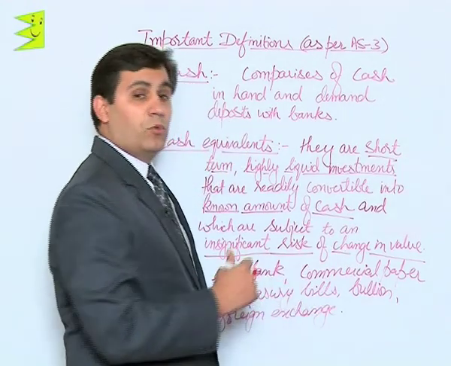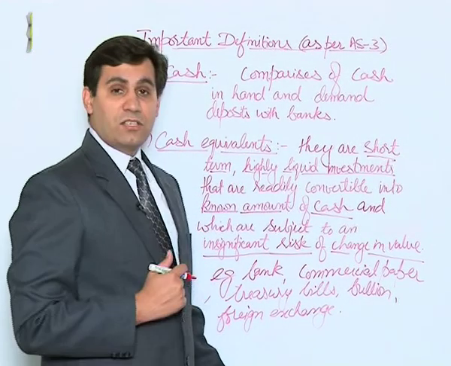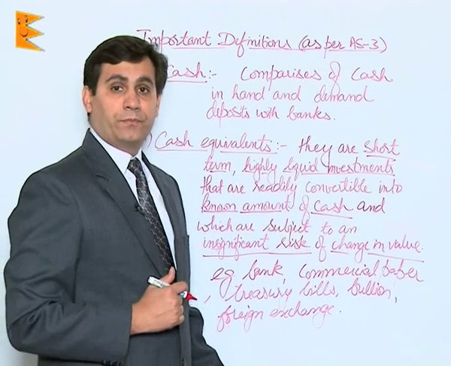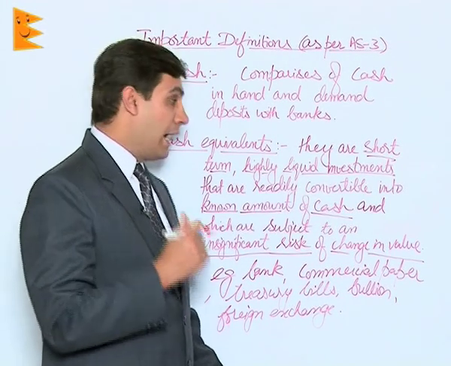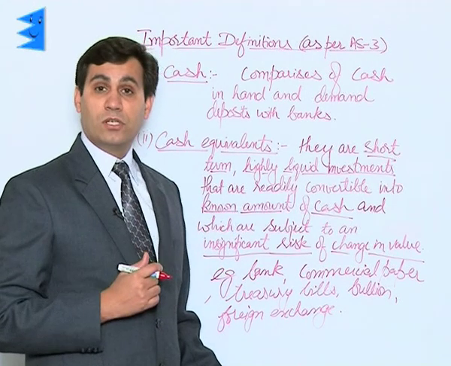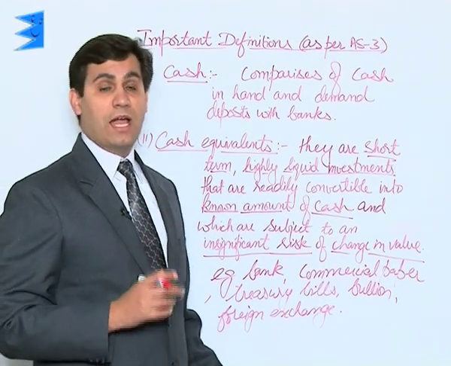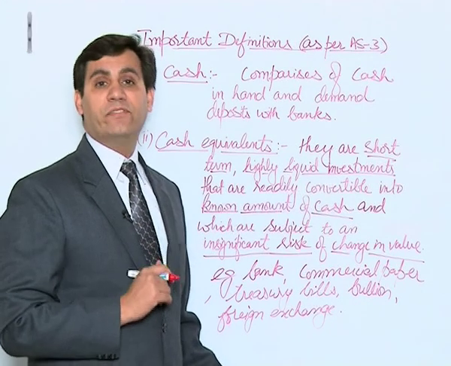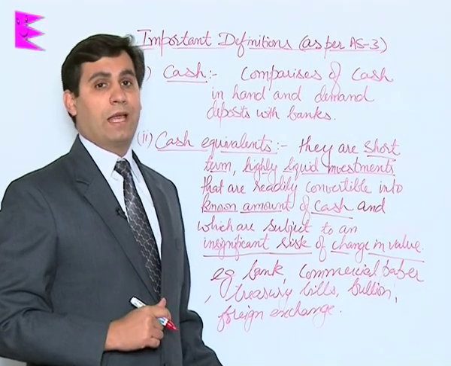All these and many more things are categorized as cash equivalents. Remember, they are highly liquid short-term investments which can be readily converted into cash or known amounts of cash and are subject to an insignificant risk of change in value.